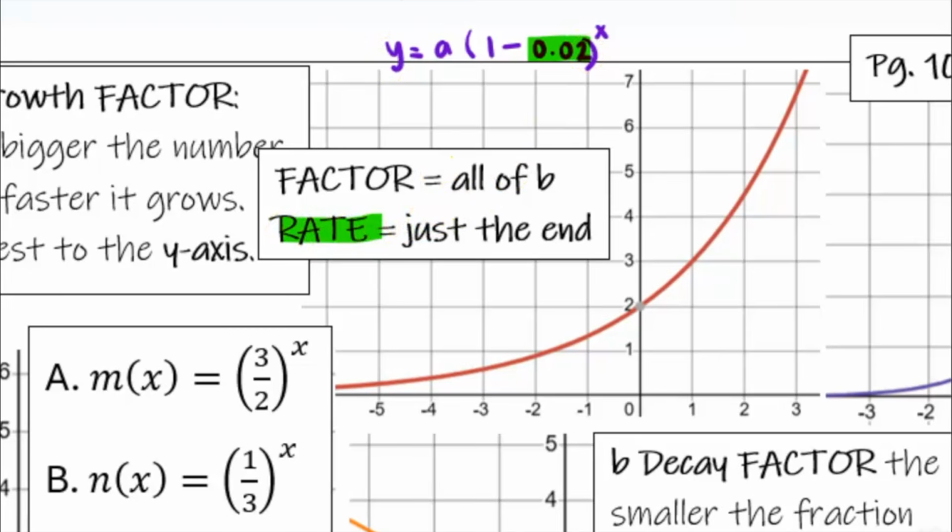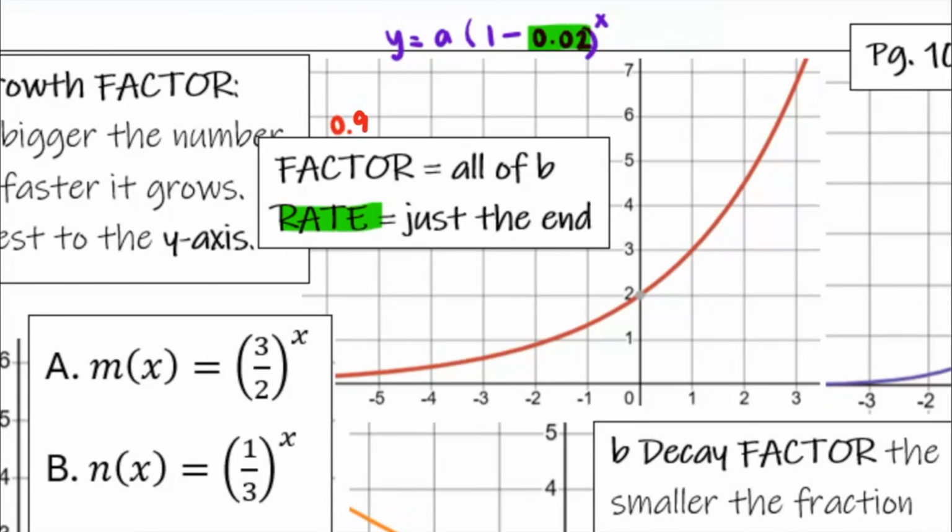So let's go ahead and define. If I do 1 minus 0.02, I'm going to get 0.98, which again is where b is as the whole thing. So that is my factor. Okay, so 0.98 is my factor.